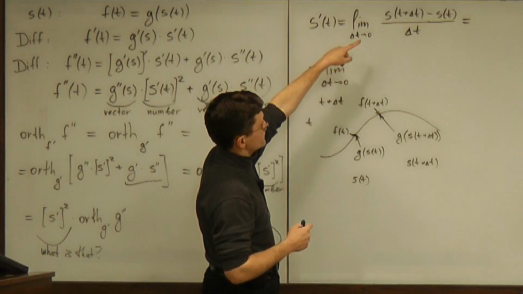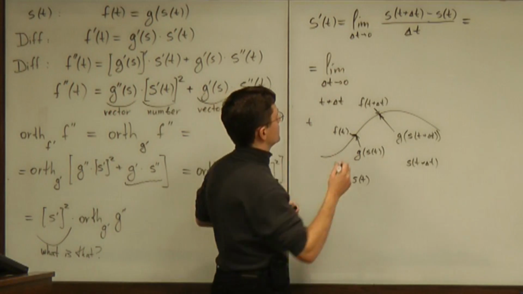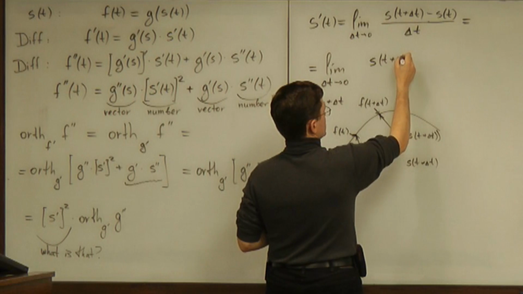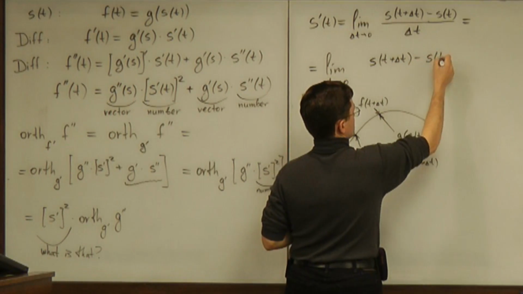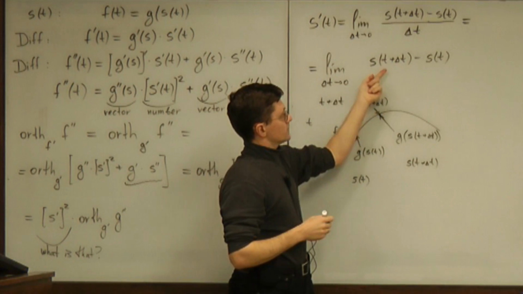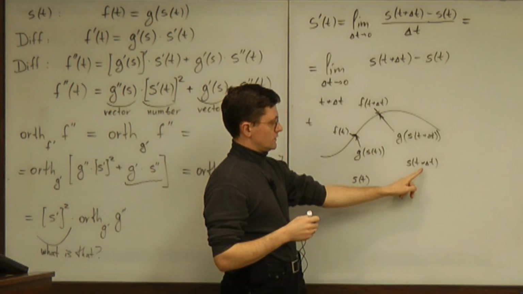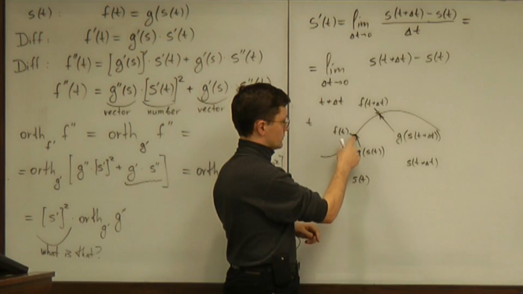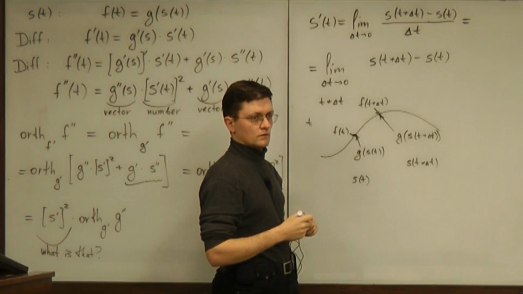So, what is it that I see there in the fraction? What is going to be s of t plus delta t minus s of t? What's the meaning of that difference? Well, that is the time spent by the second car as it moved from this point to that point.